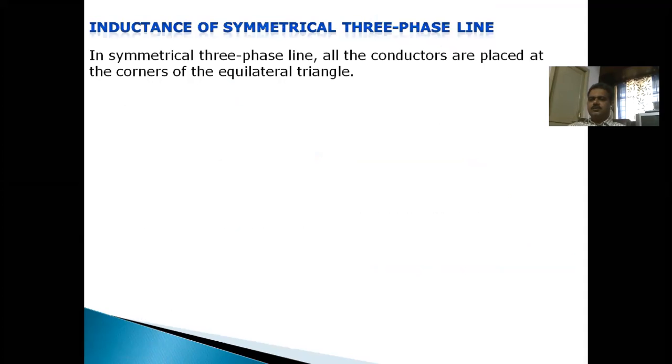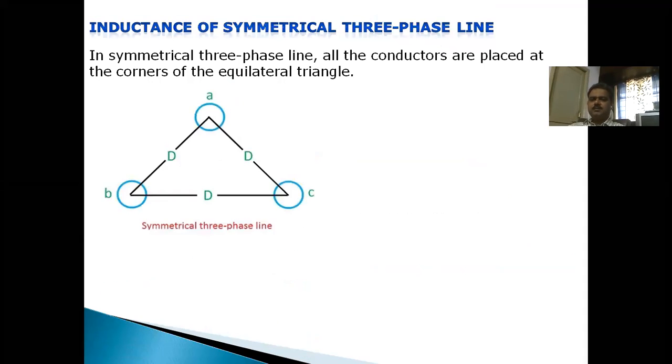Next, inductance of a symmetrical three-phase line. Here three-phase symmetrical lines means the conductors are in this configuration. Conductor A or R phase, conductor Y phase, conductor B phase.